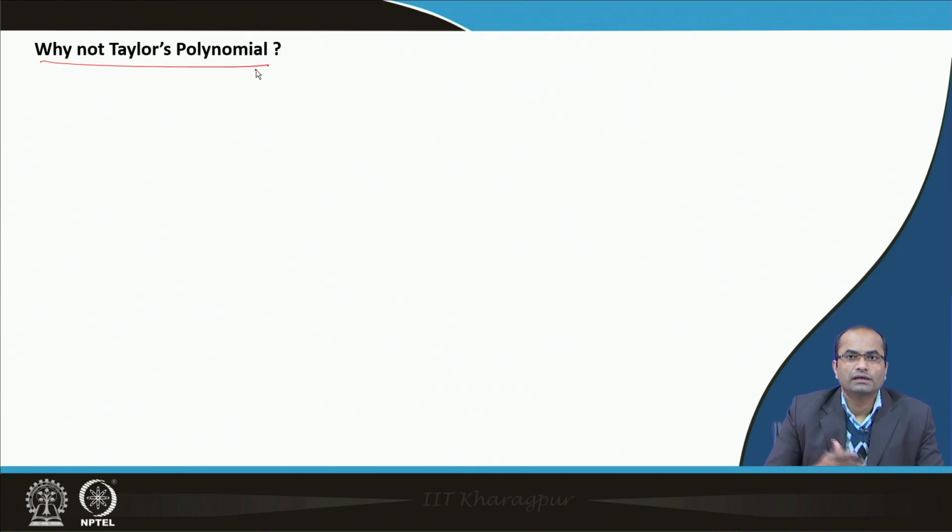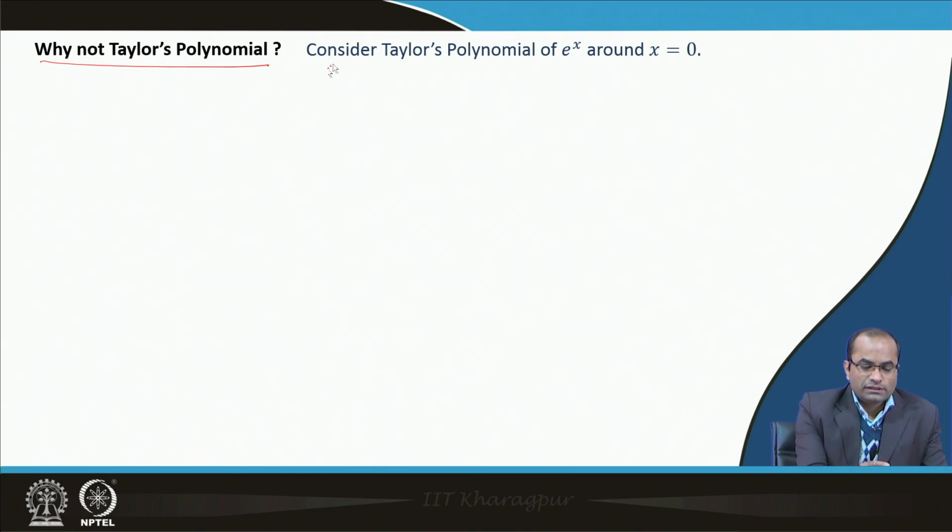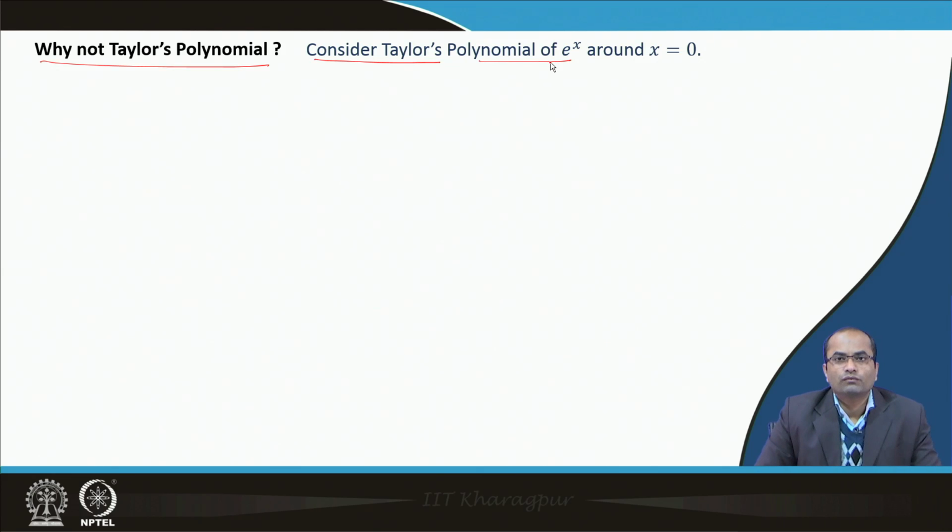Given a function, we are approximating it in terms of a polynomial, which in this case is a Taylor's polynomial. So, let us demonstrate through an example, and then we will give the reason why not Taylor's polynomial. We are talking about some other kind of polynomials here.